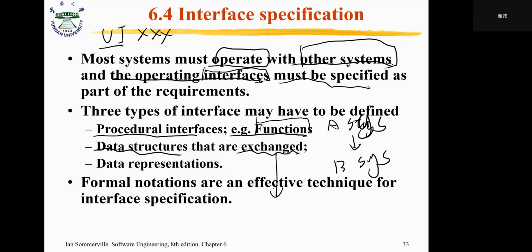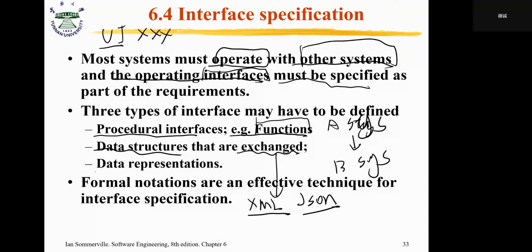Today, there are several ways to define this so-called data format. Maybe you can use XML. Also, you can use JSON format to exchange or transfer data from one system to another, sometimes from the client to the server.